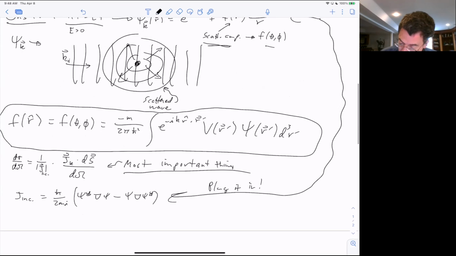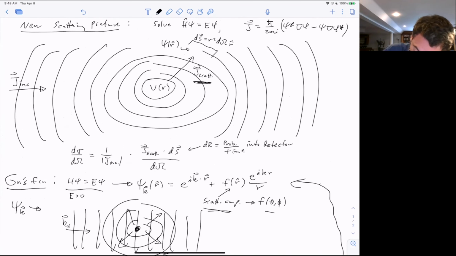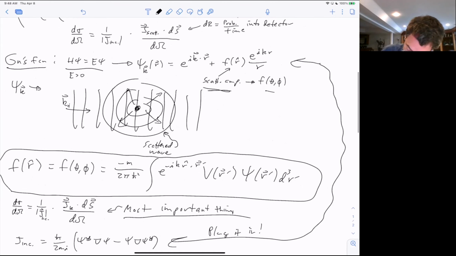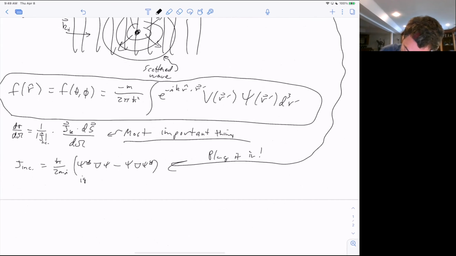But for the j incident, remember we're talking about out here, so r is far away, and so for the incident wave we can ignore the scattered part. We want to know what the probability flux is far away, say off to the left, in which case the incident wave dominates.